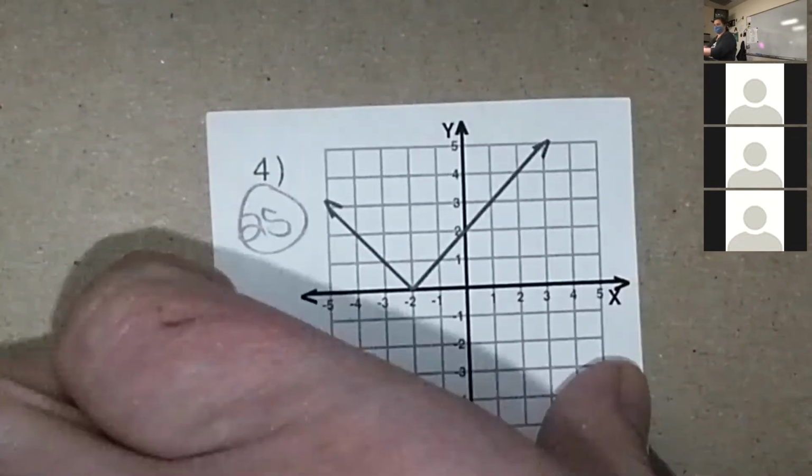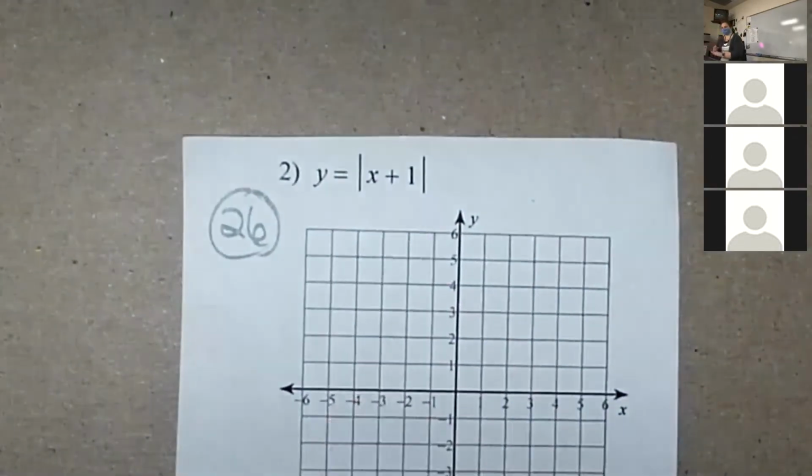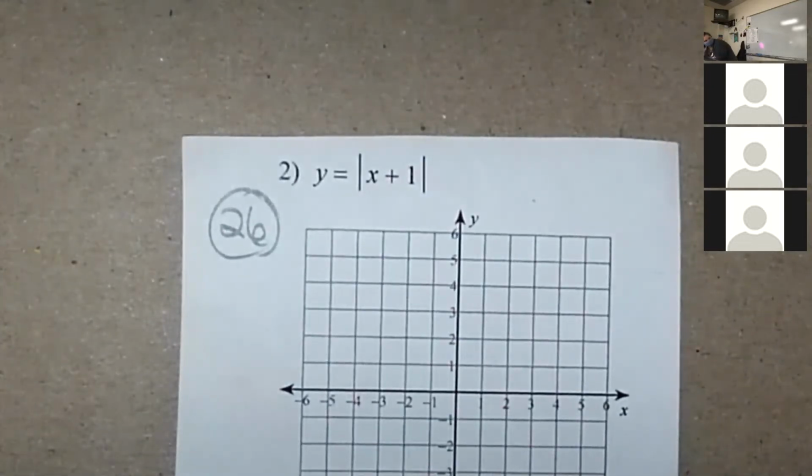And you guys can look at these again if you need to. 26, words.